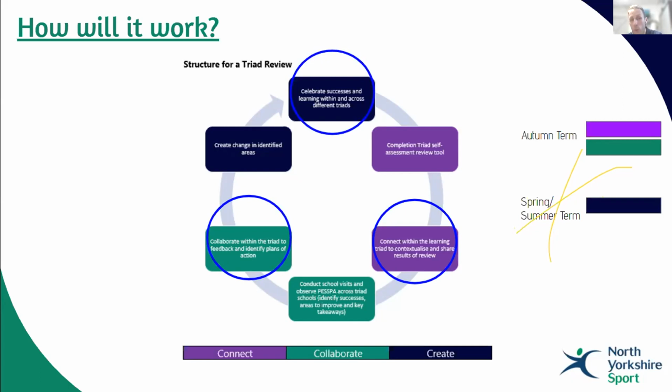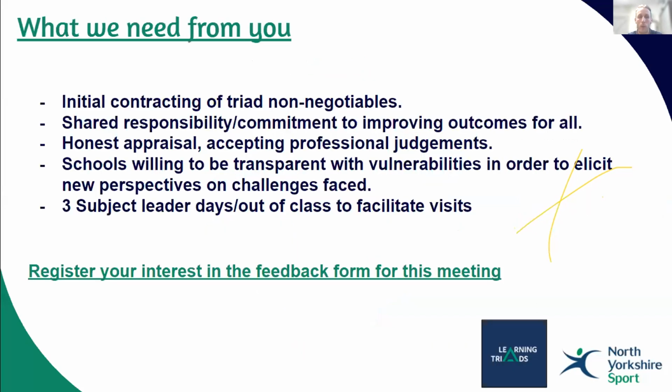So it will be a year-long process, very light touch from me. So you will not have to hear me speak all the time in my dulcet tones, but there will be parts when I can help guide you. And as you can see from this cyclical model here, we split it up into the autumn term, whereby you'll be doing the first phase, and then the spring and summer will be a longer period whereby you'll be implementing any change that you want to do.